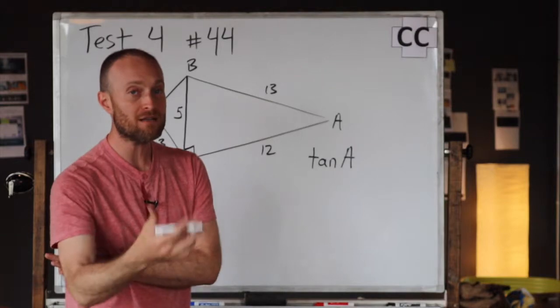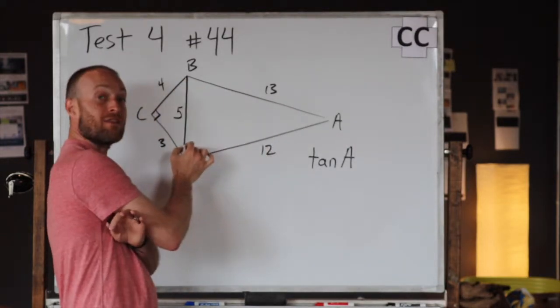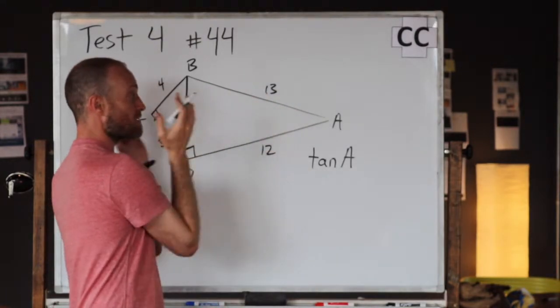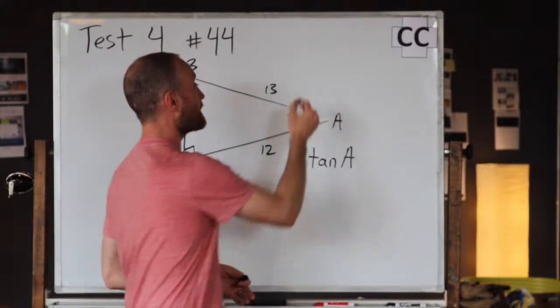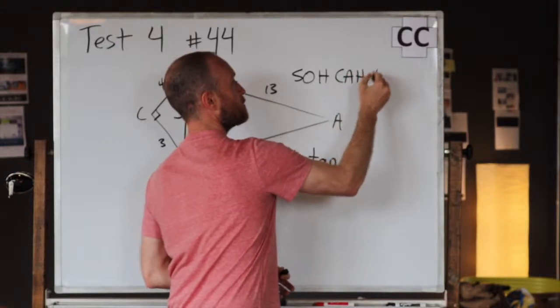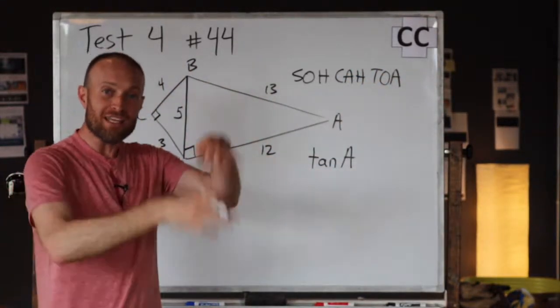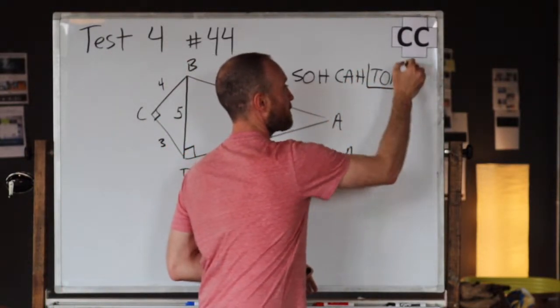The longest side is always the hypotenuse, so that means this is a leg and this is a leg. The hypotenuse is always opposite the right angle, which means we know that this is a right triangle, and we can then use our wonderful knowledge of trig with SOHCAHTOA and determine what the tangent of angle A is, and that comes right here.